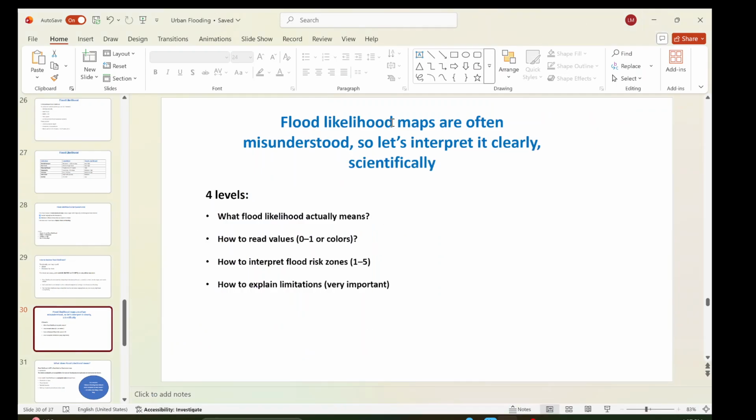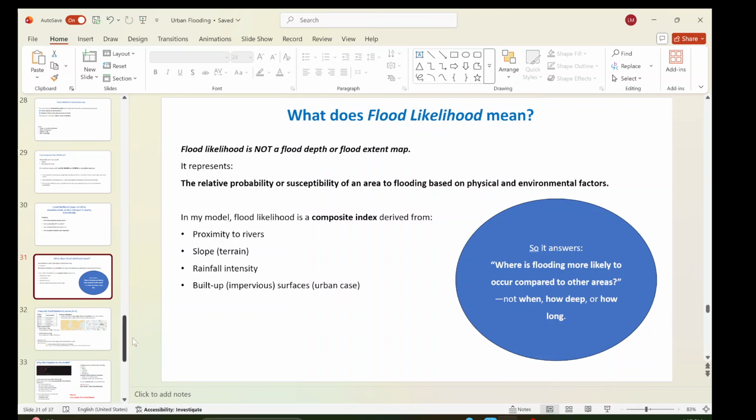Today, flood likelihood maps are often misunderstood, so we need some understanding and should interpret them clearly. We have four points: what flood likelihood actually means, how to read values 0 to 1 or colors, how to interpret flood risk zones, and how to explain limitations. What does flood likelihood mean? It is not a flood depth or flood extent map.